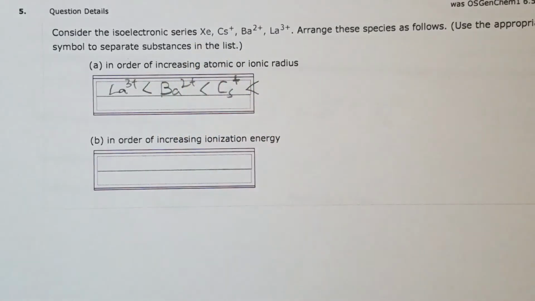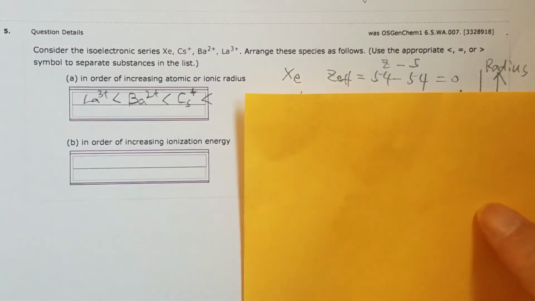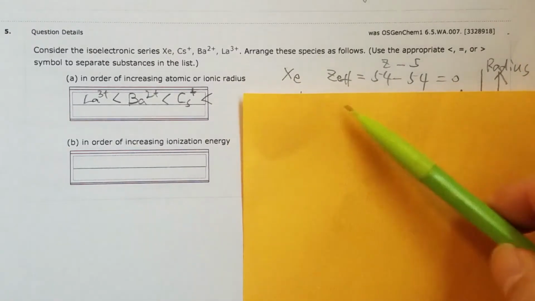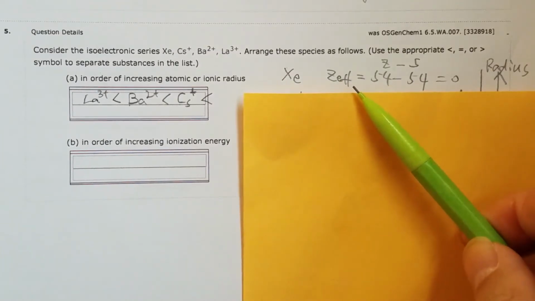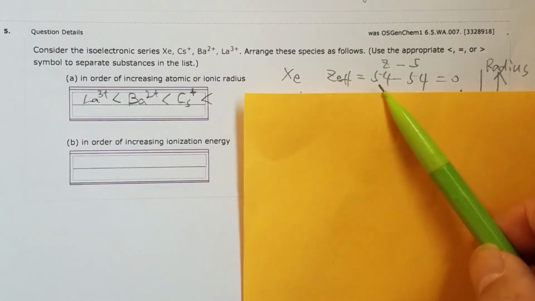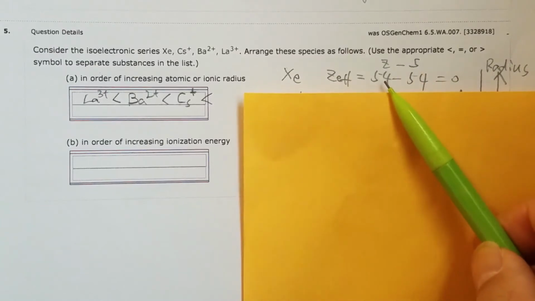All right, let's take a look. Now let's calculate the Z effective. For xenon first, Z effective can be calculated using Z minus S. Z is the atomic number.